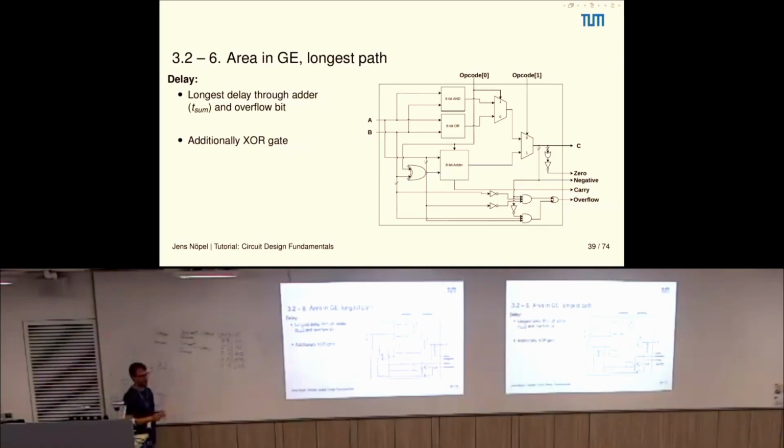Let's say you get a number from vendor A. This is the delay of your 3-input OR of vendor A. And you get a delay of a 3-input OR of vendor B. So then you have 2 different numbers.